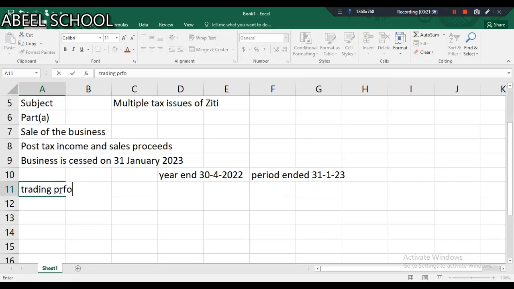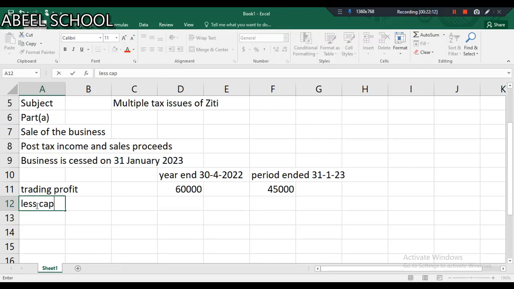Trading profit. Actually, it is given in the question. We have a trading profit of 5,000 per month. Over here, I'll take 5,000 into 9. We will be getting annual investment allowance for the 6,000. Because in August 2021, Ziti bought equipment for 6,000.